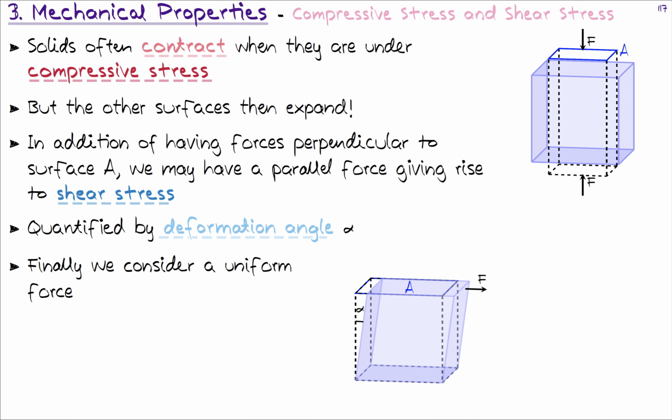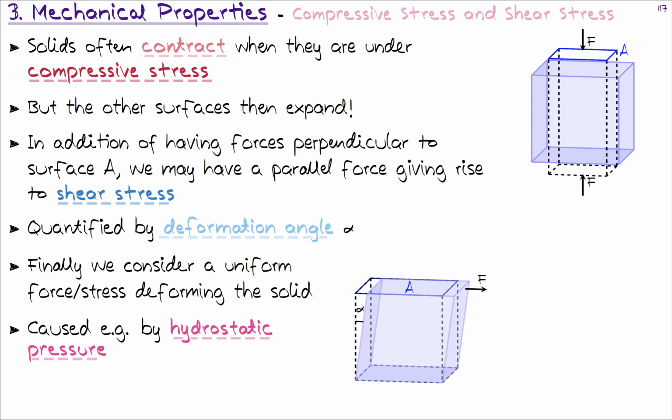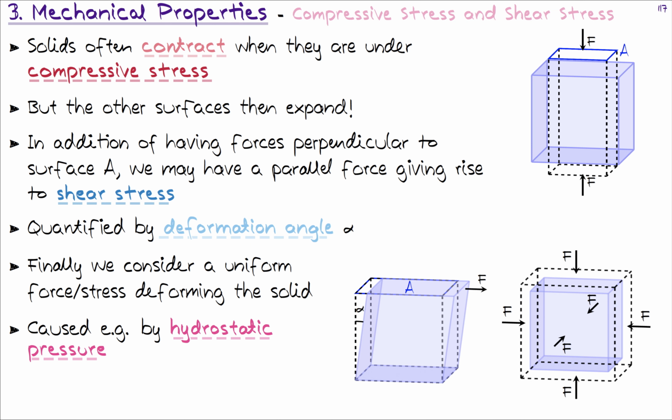And finally, we consider a uniform force, or stress, that deforms the solid. How could this happen? For example, we could place the solid under water or a liquid, and then we would have a hydrostatic pressure on the solid. Of course, we also have similar pressure in the atmosphere.